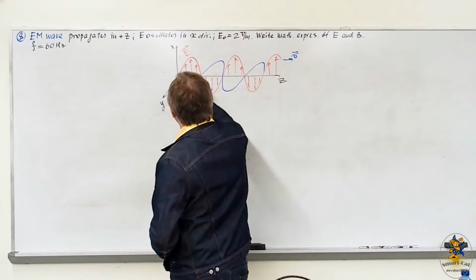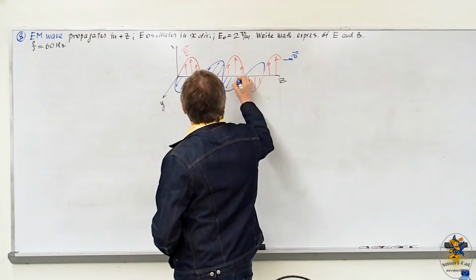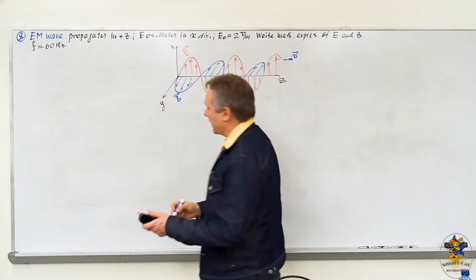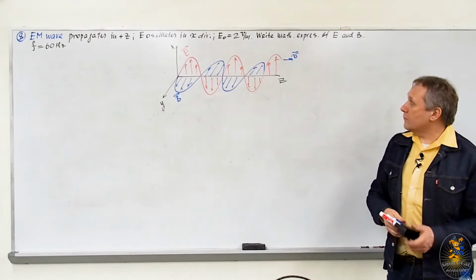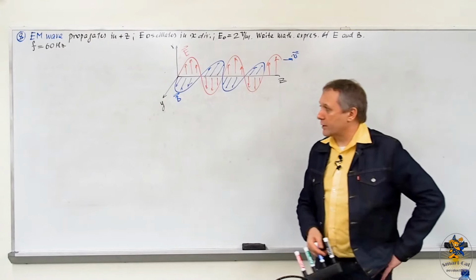So that's the magnetic field, B. So that's the picture, and now let's actually start writing down mathematical expressions.